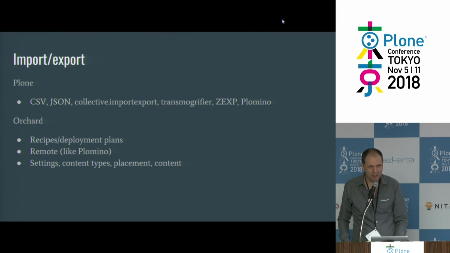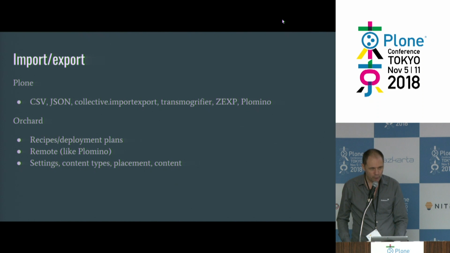Orchard wraps everything into one way of doing it. With Orchard Core, the import-export story is described as deployment plans. The idea is that you actually formulate an import-export recipe as a way to deploy to other Orchard sites.